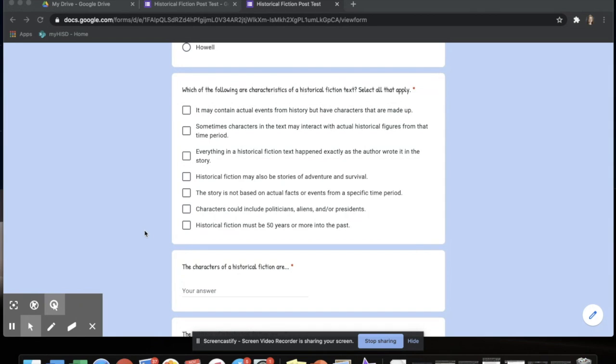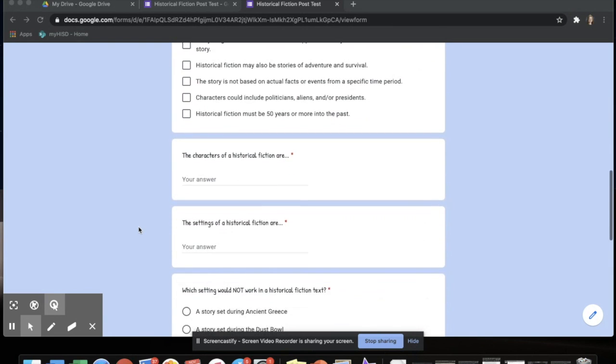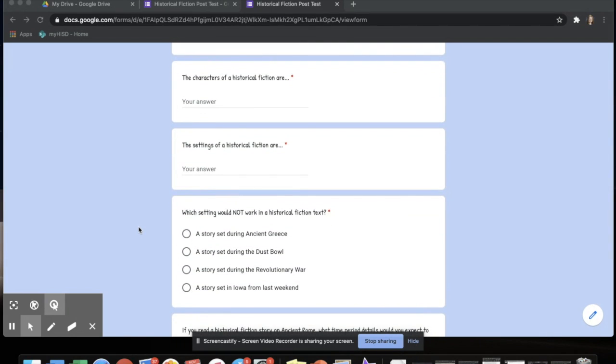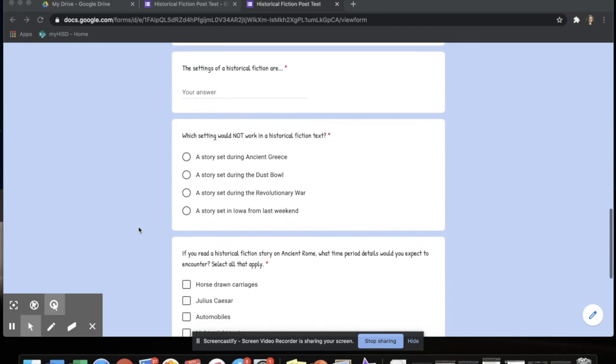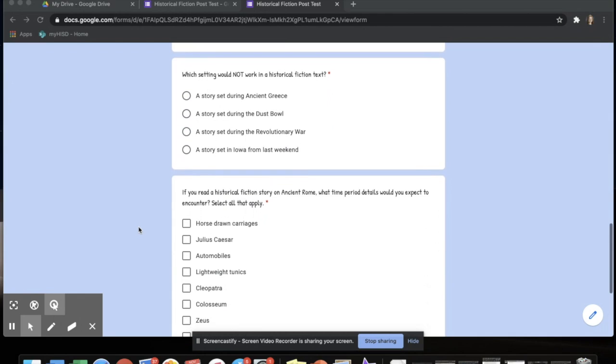While I didn't make it super obvious, there are a few in there that are very, very obvious. Characters and settings, that was originally on the pretest, and at least we should be able to see a little bit of progression and understanding of those characters and settings and the characteristics.